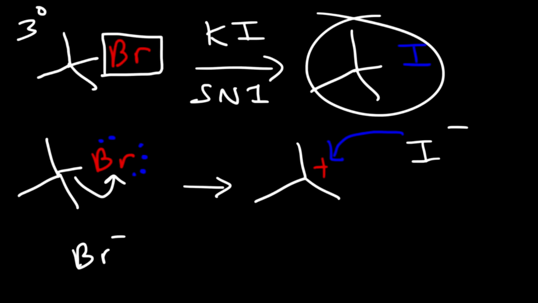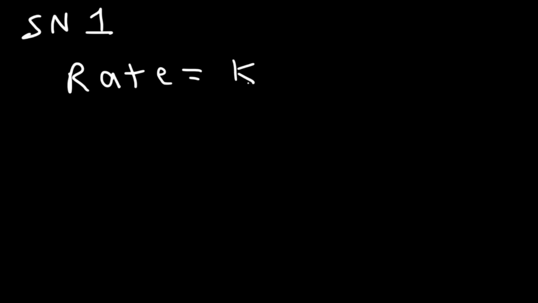It forms carbocation intermediates, which means that rearrangements can occur. In an SN2 reaction, there are no carbocation rearrangements. The SN1 reaction mechanism is a first-order nucleophilic substitution reaction. The rate depends on the rate constant k and the concentration of the substrate, but it does not depend on the concentration of the nucleophile.